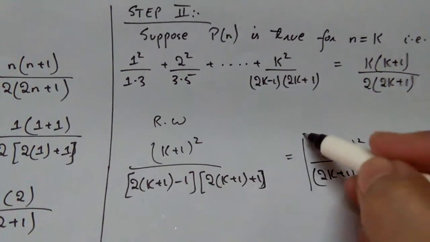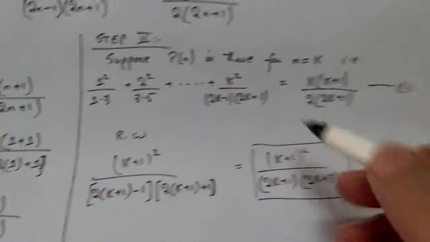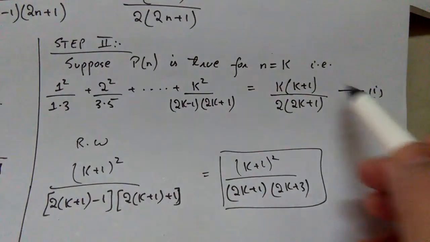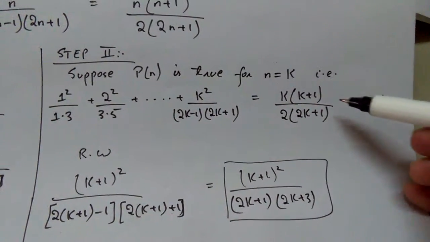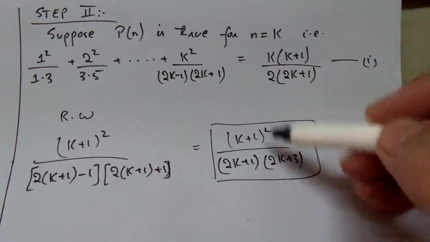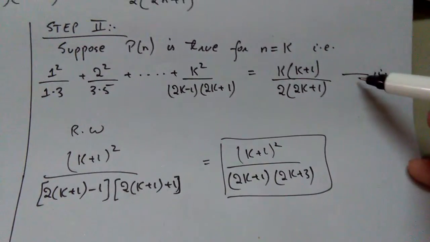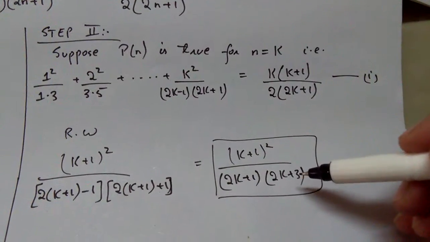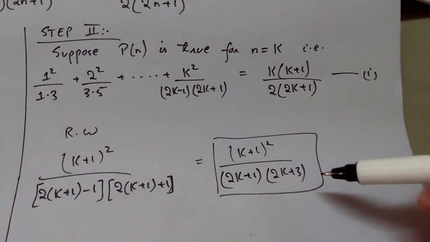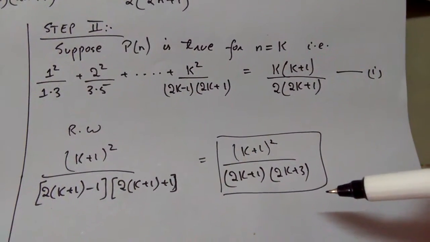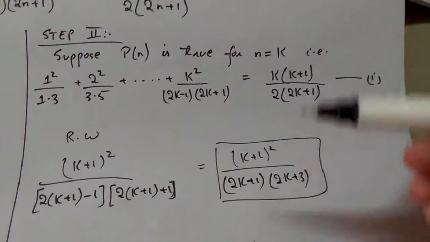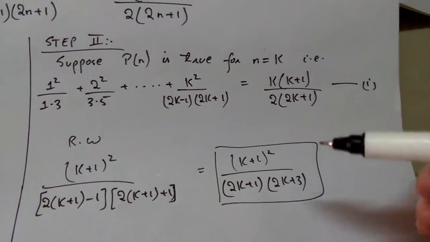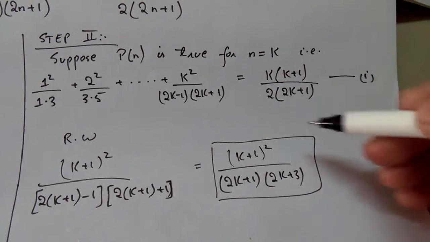Okay, so this is something that you are going to add at both sides of this equation number 1. When you add this term at both sides and then start solving the right hand side after summing up this term, in order to put down the statement that P of n is true for n equals to k plus 1, you should get this answer on solving the right hand side.